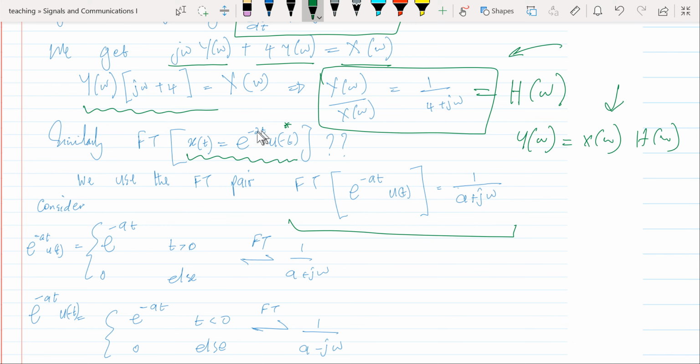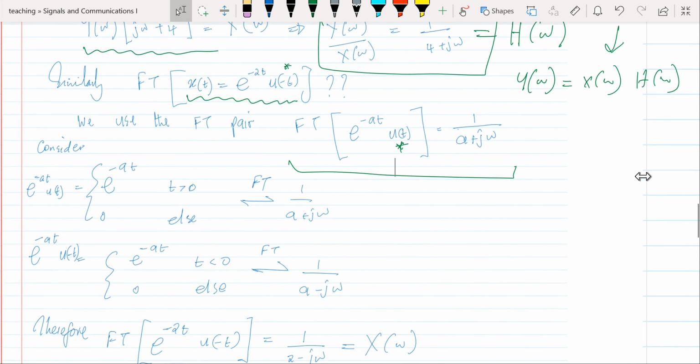Therefore, our equation is almost in that form, but it is not exactly this form because our u of t is u of minus t. So we are going to consider that as a hint on how we can solve this. We know the meaning of u of t: this function will have this value for t bigger than 0, and it will be 0 otherwise.